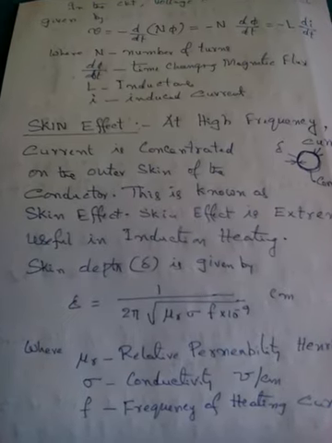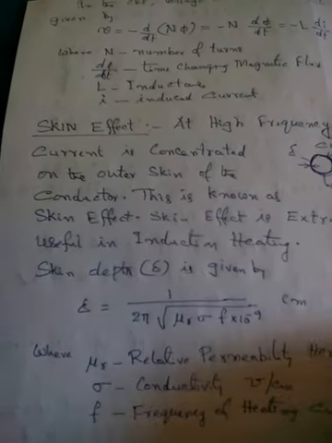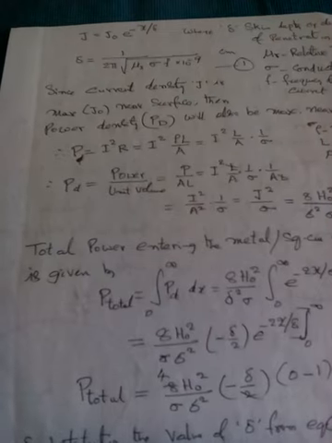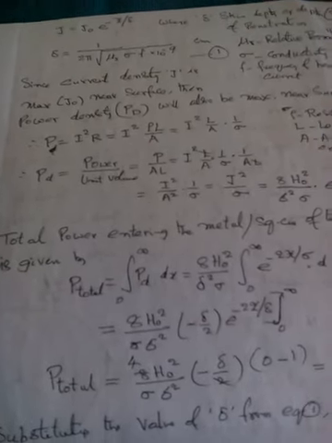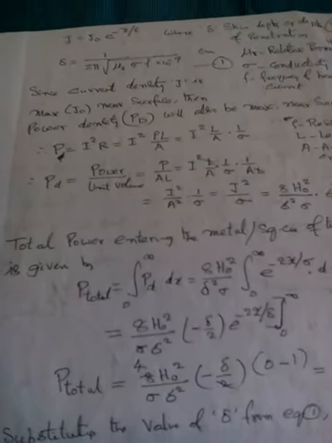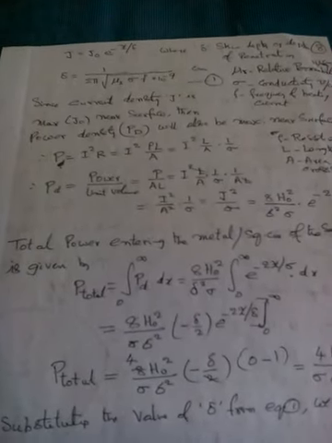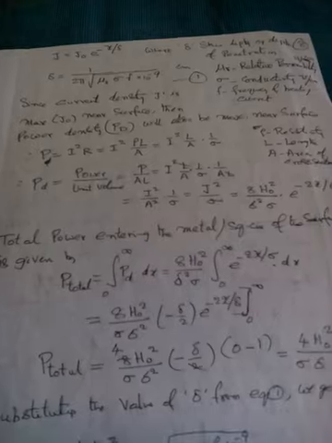So once we calculate this skin depth, we can find out the total power entering into the metal per square centimeter of the surface, which is given by an equation.